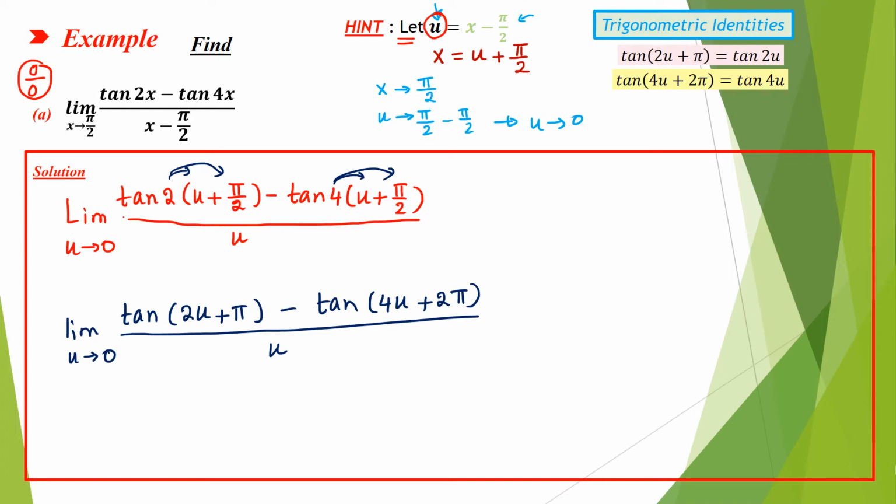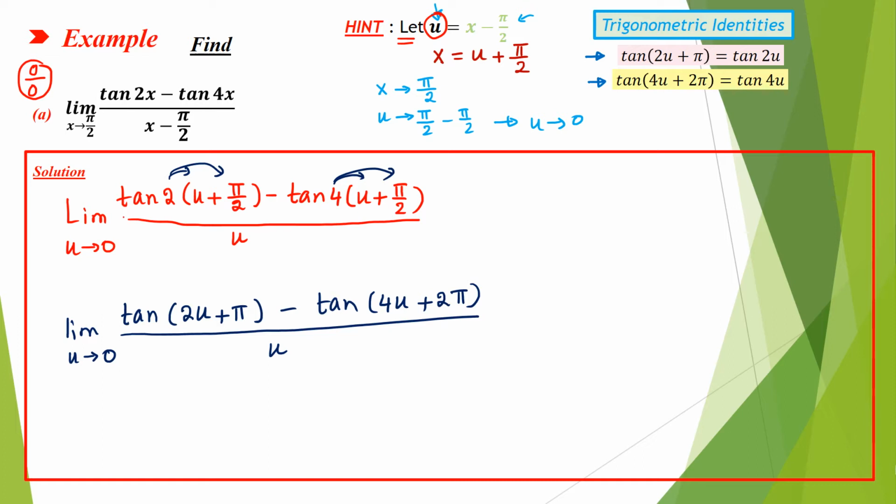Now, one of the most important identities for trigonometric functions is that tan (2u plus pi) equals tan 2u and tan (4u plus 2 pi) equals tan 4u.